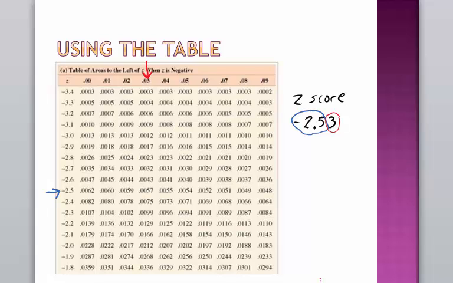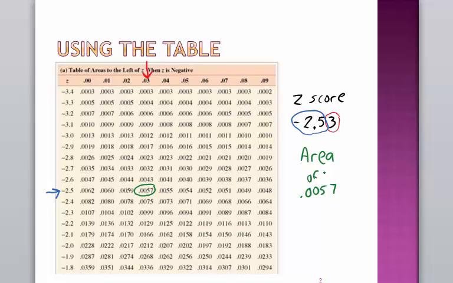And then we will intersect the marked row and the marked column to find our answer. And so a z-score of negative 2.53 is going to correspond to an area, which is what we're going to be asked to find, of 0.0057.